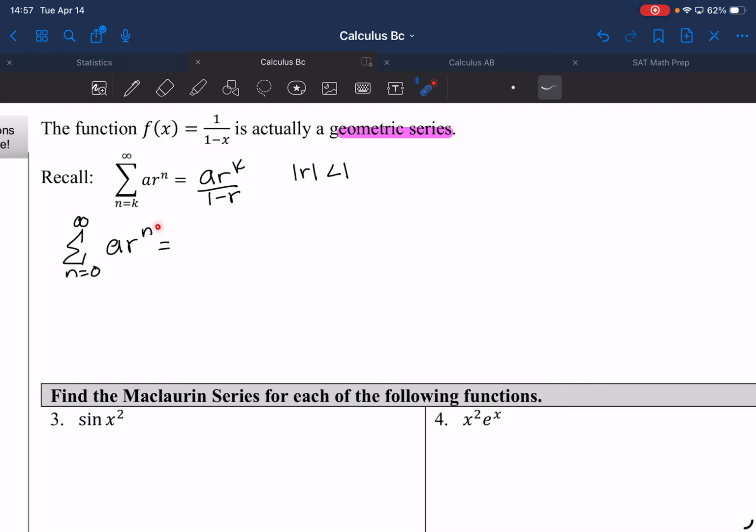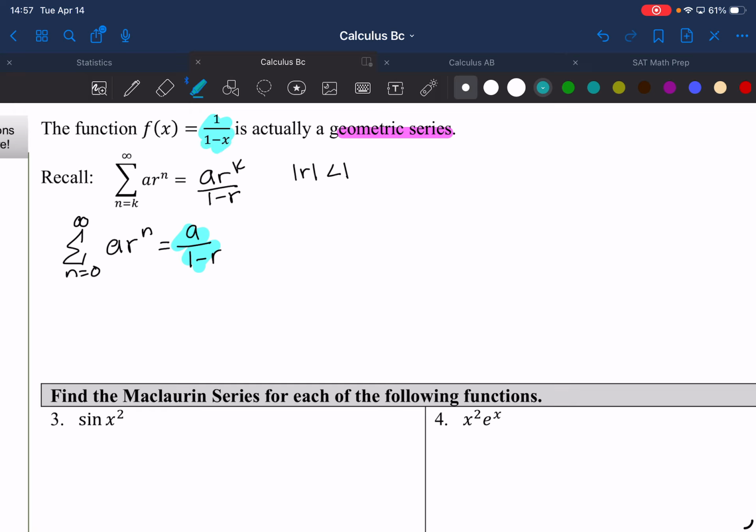Which means I can expand this 1 over 1 minus x to be the summation of n equals 0 to infinity x to the n power, which is 1 plus x plus x squared plus x cubed, etc. So when you're looking at this, this is another good one to have memorized.